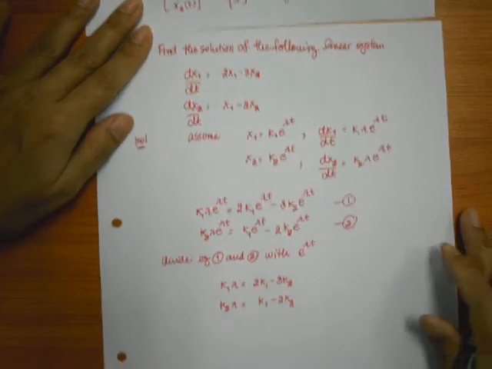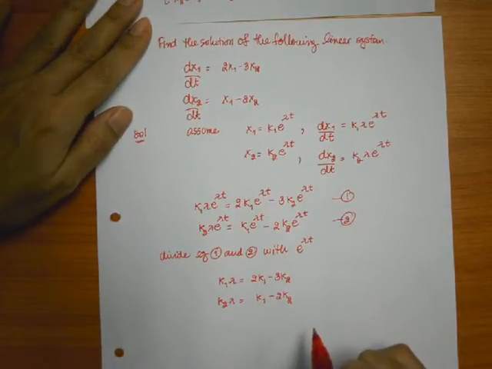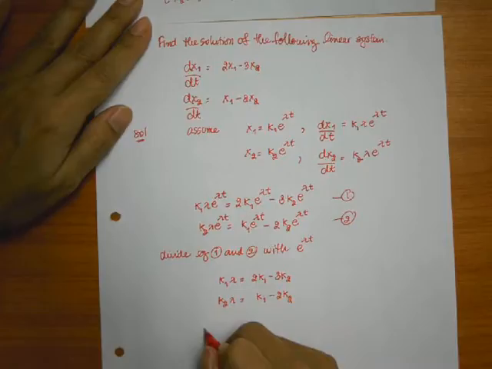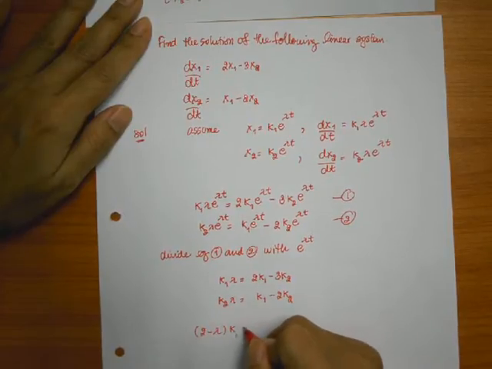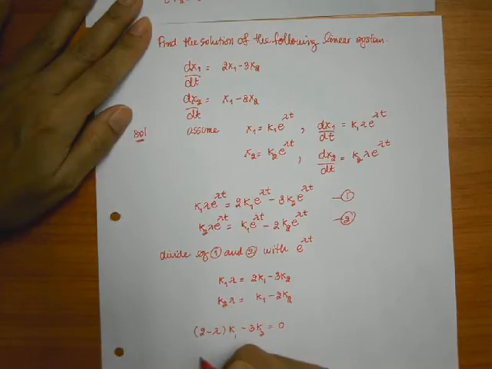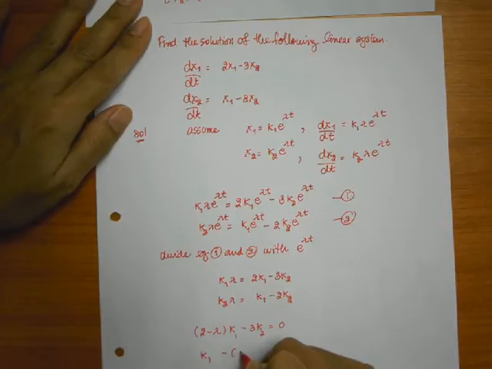And then we just arrange the equation again by moving the k values into the same side. So by doing that, we've got 2 minus lambda k1 minus 3k2 equal to 0, and also k1 minus 2 plus lambda k2 equal to 0.